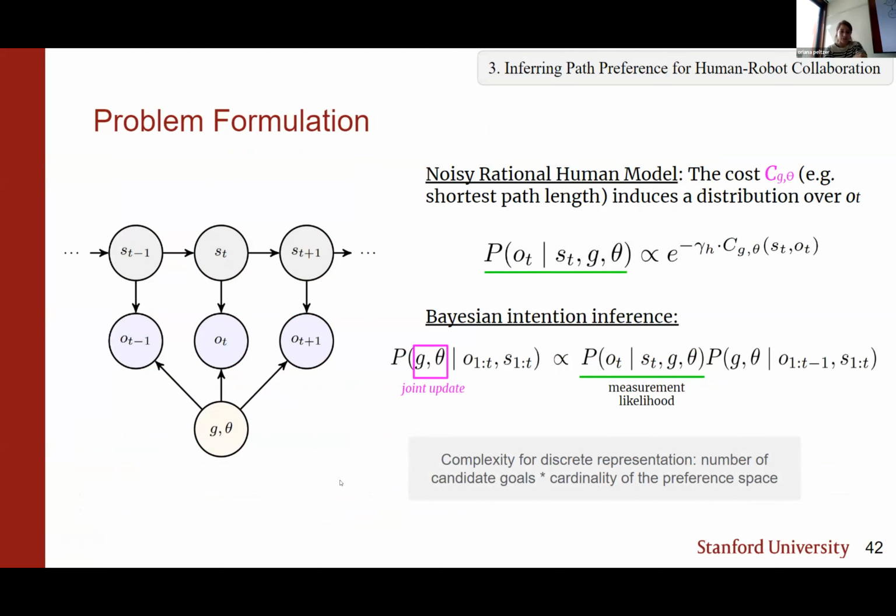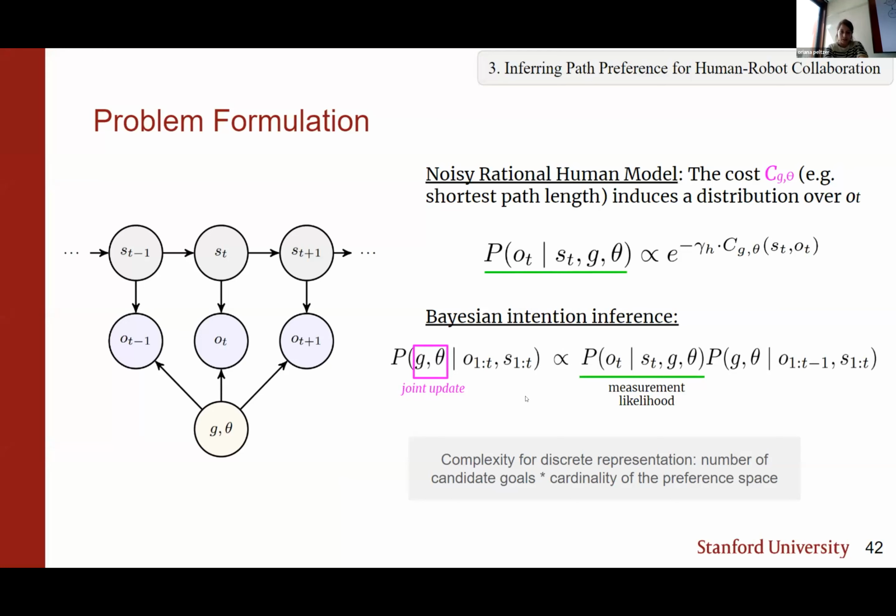So we can actually formulate this problem as a partially observable Markov decision process. And what we're interested in doing here is maintaining our belief over the unknown variables, so the goal and the path preference. And we're going to do this with the Bayesian update.